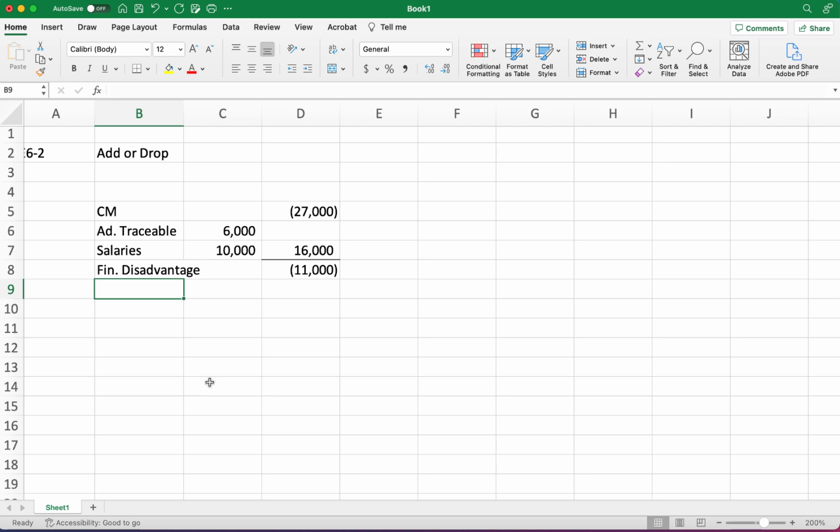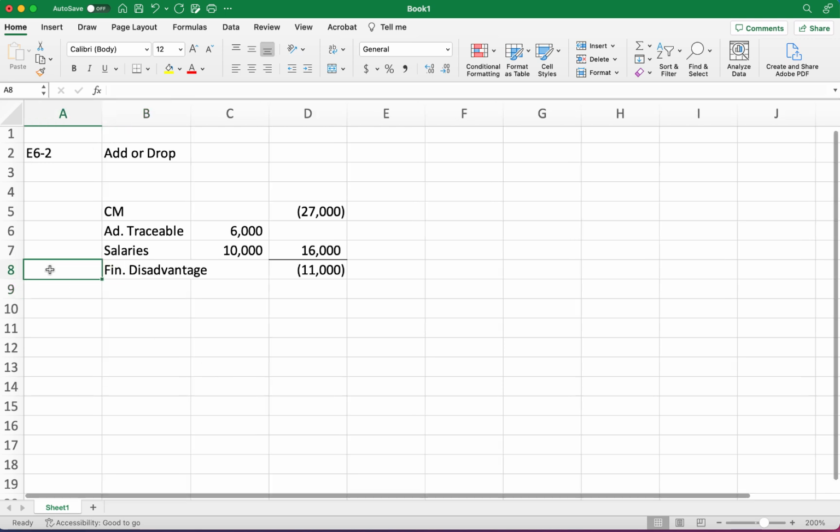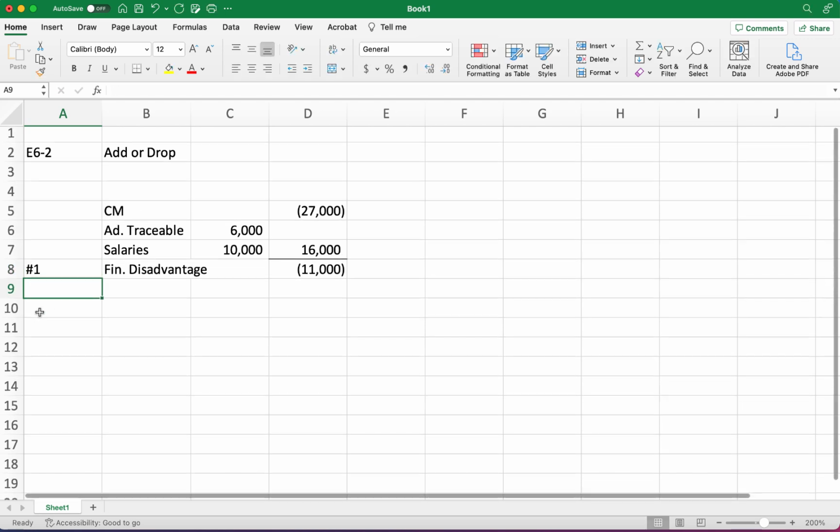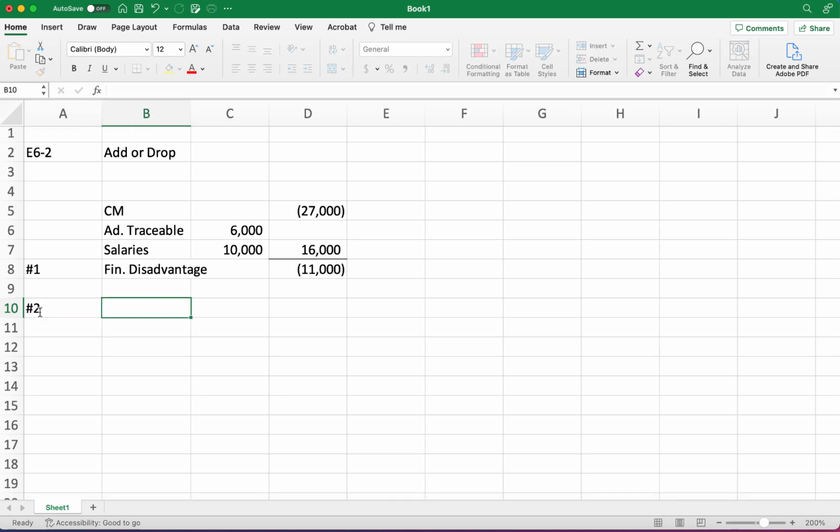So the answer to number one, what is the financial advantage or disadvantage per quarter of discontinuing the racing bikes? Well, that answer for number one is $11,000. Question number two asks, should the production and sale of racing bikes be discontinued?